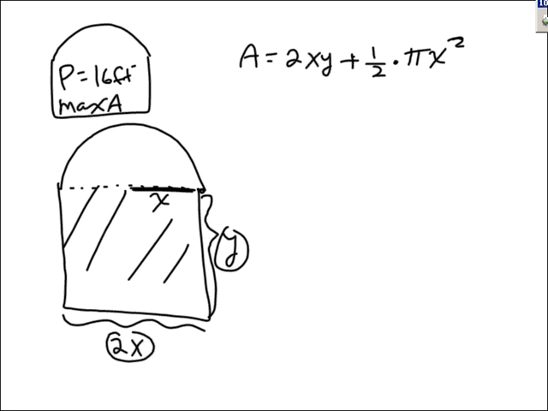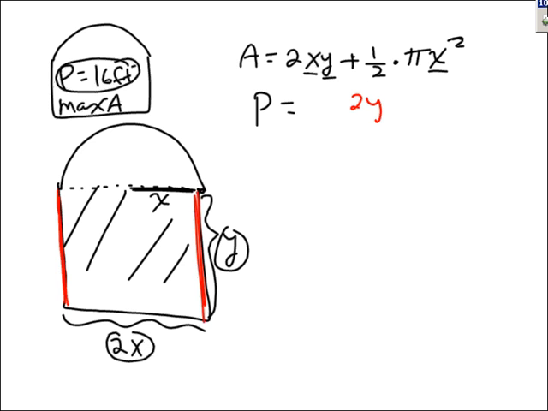Well, A is in terms of two variables, x and y. So somehow we need to get rid of one of the variables. And that's where our constraint comes in. We're only using 16 feet of material. Well, the perimeter is, just walk around and here we go. It's y feet plus another y feet.